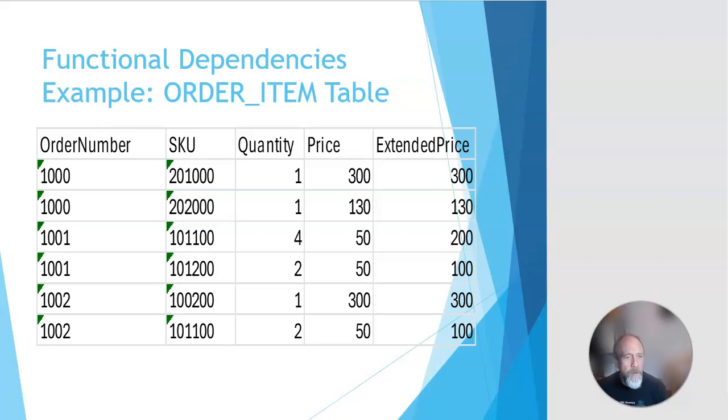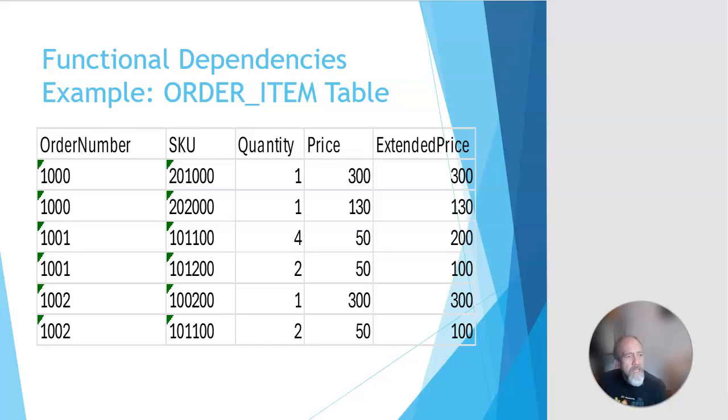You don't have an order number and a SKU, and then another row with the same order number and the same SKU. We deal with that in the quantity. What we're really looking at here is the layout of this table. In 1000 you've got 2 items, 1001 you've got 2 items, 1002 you've got 2 items. And notice that item 101,100 is duplicated between order numbers 1001 and 1002. And you know the quantity and the price.